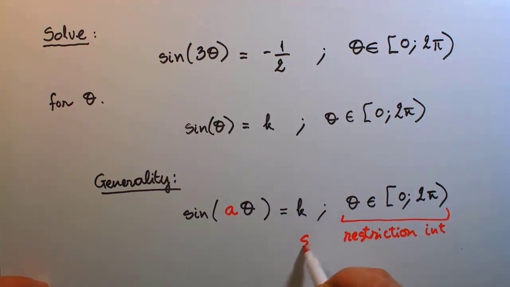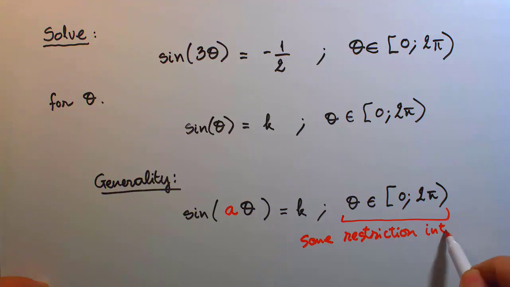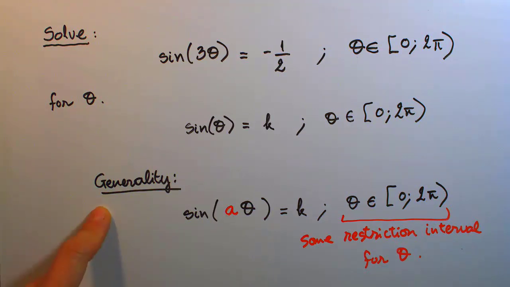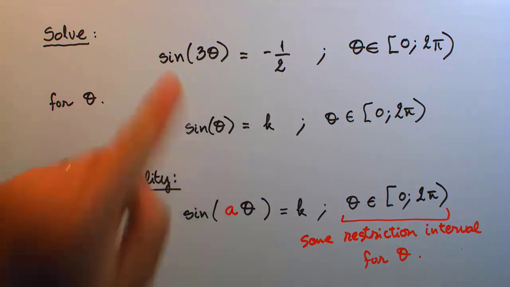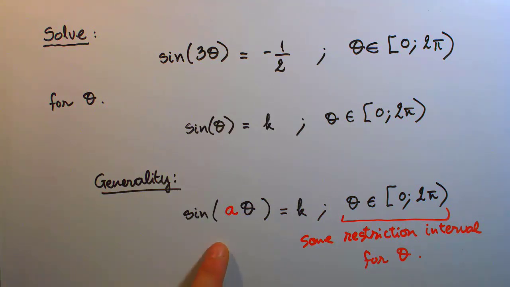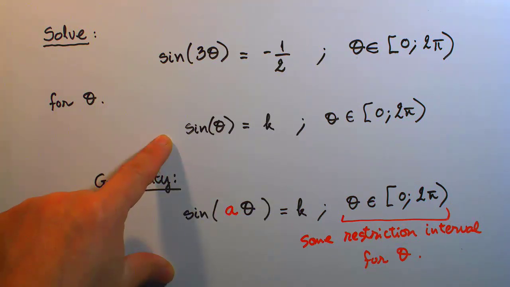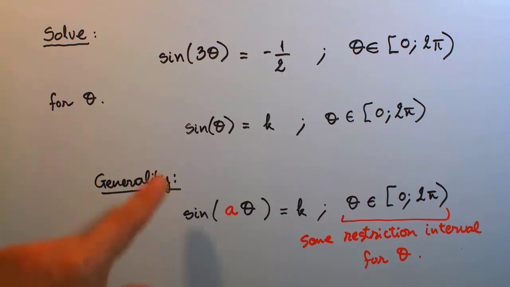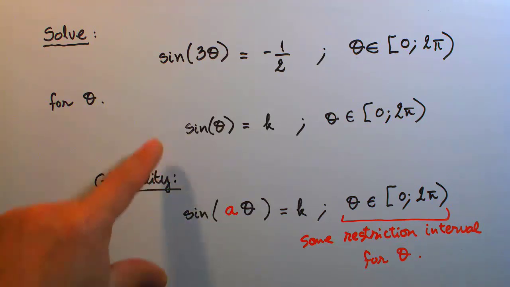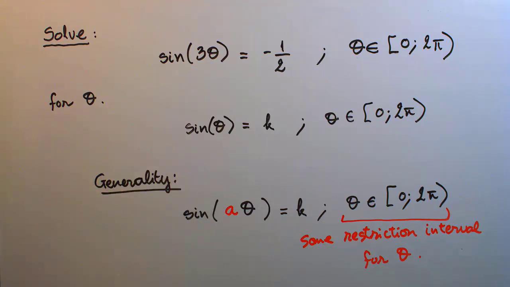That's some generality I need to point out before we proceed into solving this equation. Before I move on to the next step, I want everybody who views this video to have a close look at how related these two equations are.